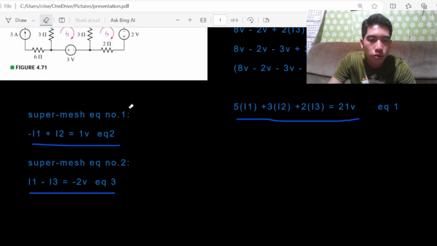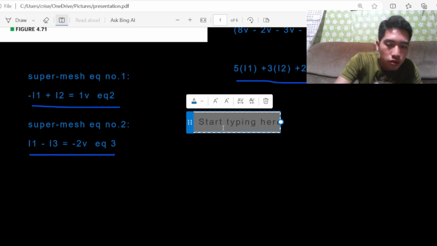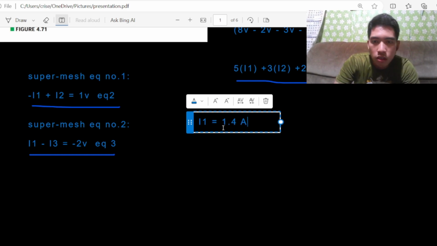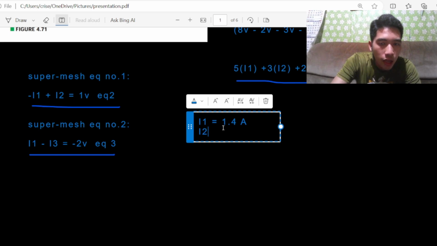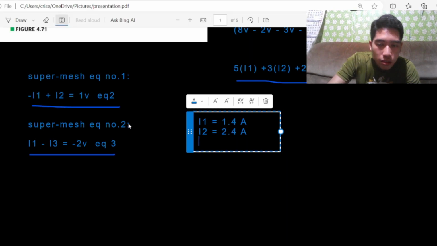So we're going to write I1 equals 1.4, I2 equals to 2.4, and I3 being 3.4.